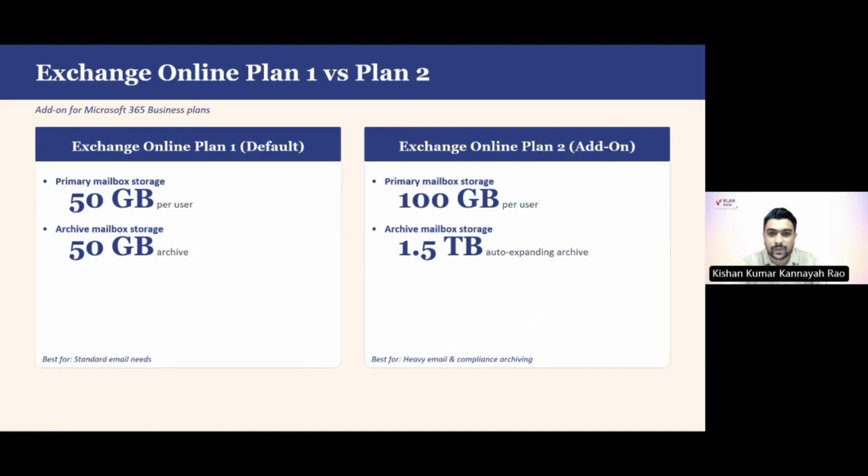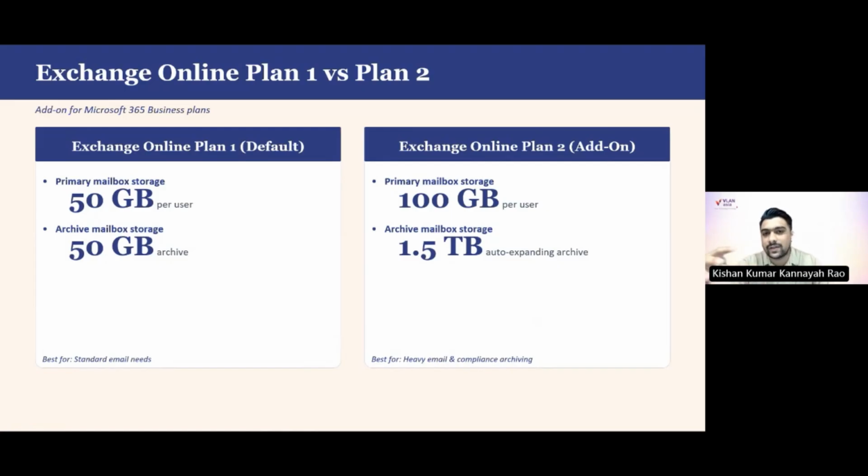Once you set this retention policy, your regular mailbox, which is full at the moment at 50 GB, will clean up and move the emails based on your policy, whether 3, 4, or 5 years. Let's just take 5 years.